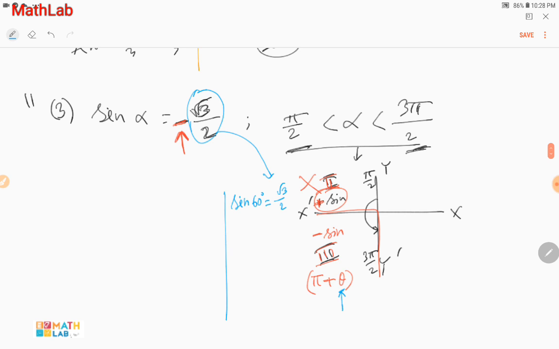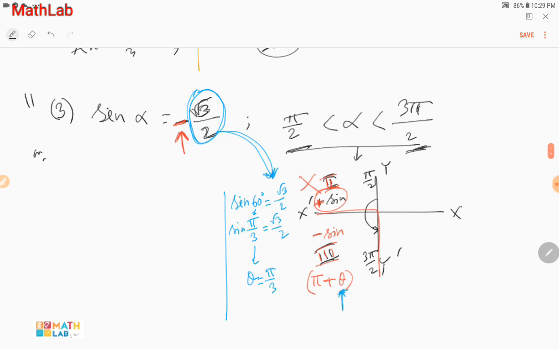In this case, we always take only the positive value to find the theta. That means sine 60 degrees, sine pi by 3 equals root 3 by 2. So theta is pi by 3.